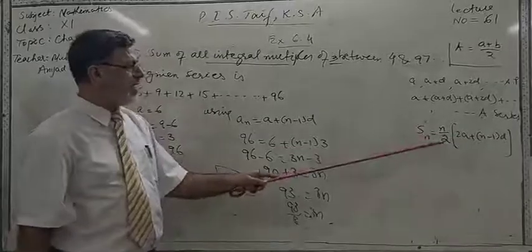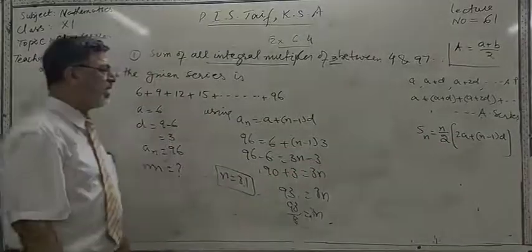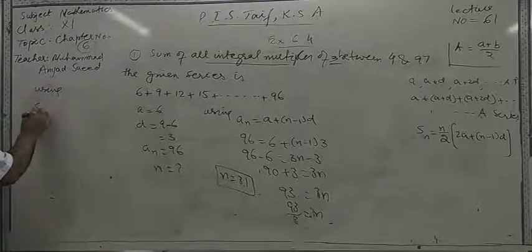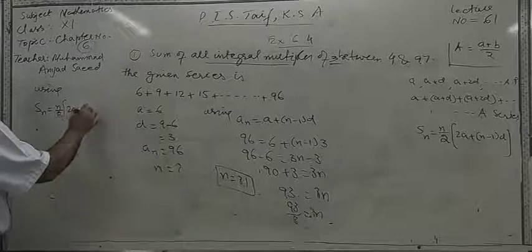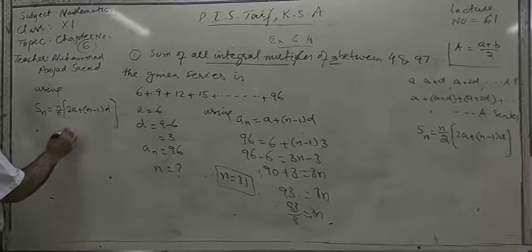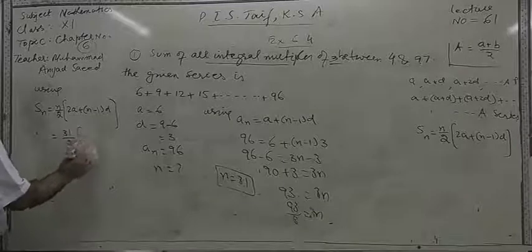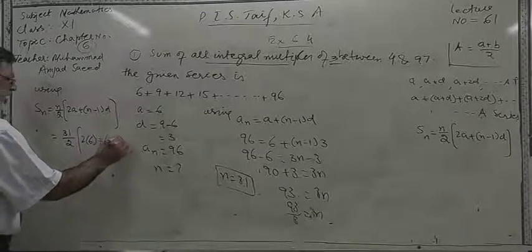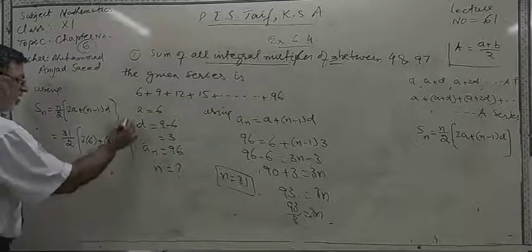So now we are able to apply the formula Sn is equal to n by 2 into (2a plus (n minus 1) into d). What about n? 31 over 2, into 2 times a, which is 6, plus (31 minus 1) into d, which is 3.